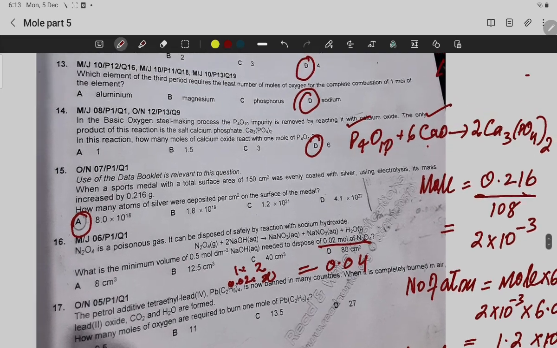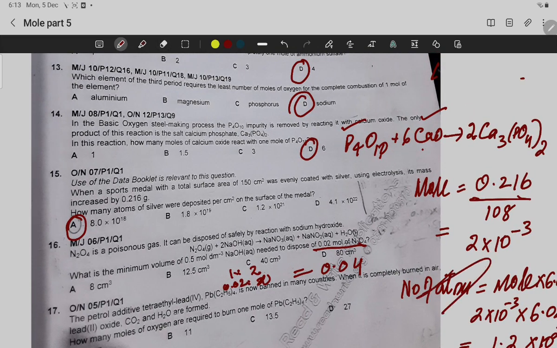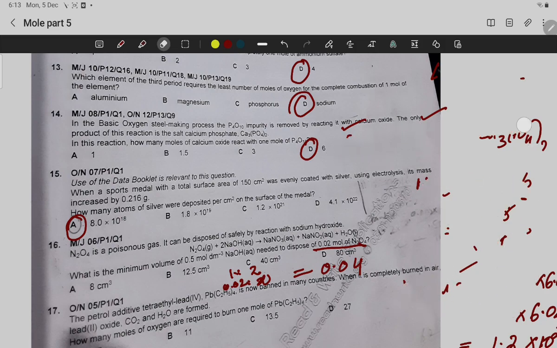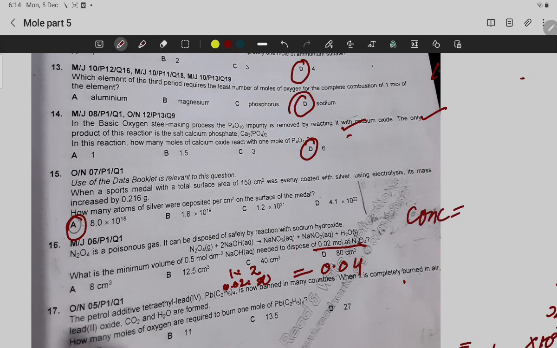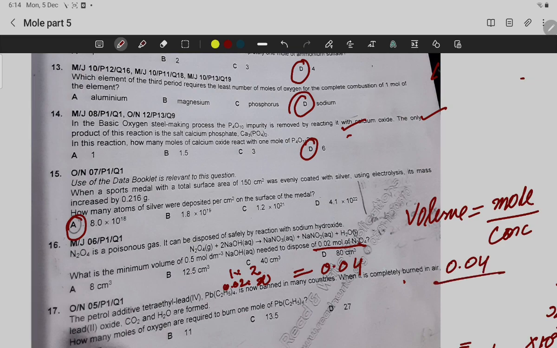Now check the volume. You can calculate the volume using this formula. Concentration is equal to mole over volume, so volume is equal to mole over concentration: 0.04 divided by 0.5 mole per dm cube.